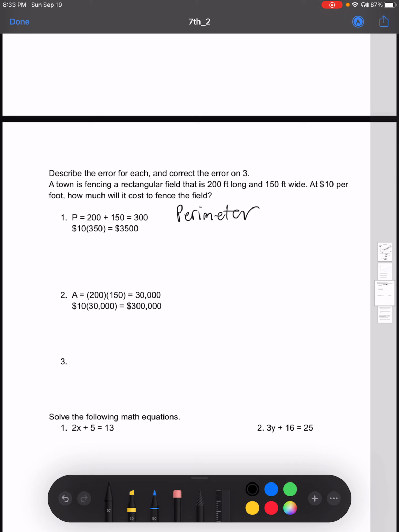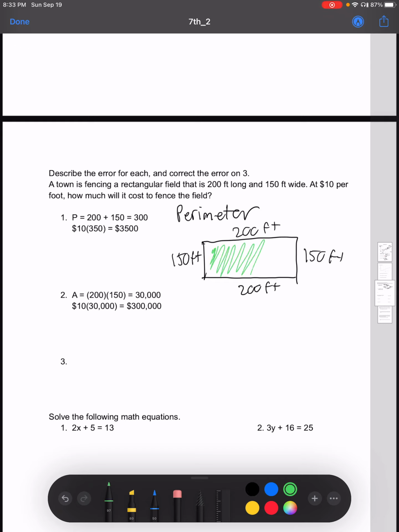We can also draw a diagram. So we have a rectangular field that's fenced in, and it's 200 feet long, 200 feet, and 150 feet wide. In other words, this is what our fence looks like. The black is the fence, and inside is the field.